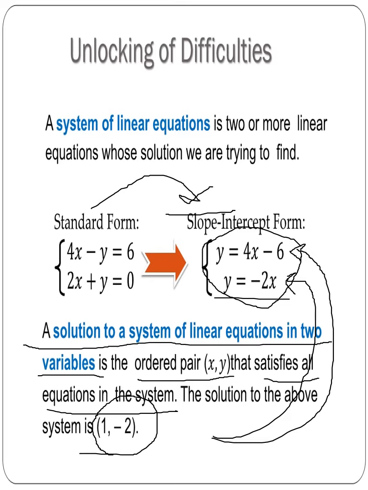We just put 1 in place of x and -2 in place of y, and we get these verified by this point. So we call this point a solution for this particular pair of linear equations.